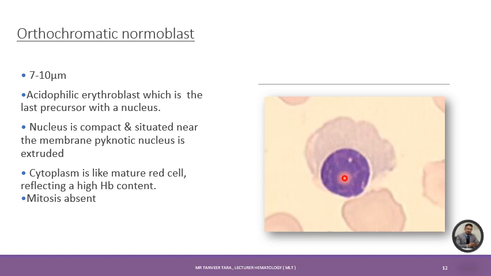Remember that this cell is the last cell which has a nucleus. Normally we don't have a nucleus in the erythrocyte. The nucleus is compact and situated near the membrane. The pyknotic nucleus is extruded, and the cytoplasm is like a mature red blood cell, reflecting a high hemoglobin content. Whenever the nucleus is going to extrude, there is no mitotic division, so mitotic division is absent here.